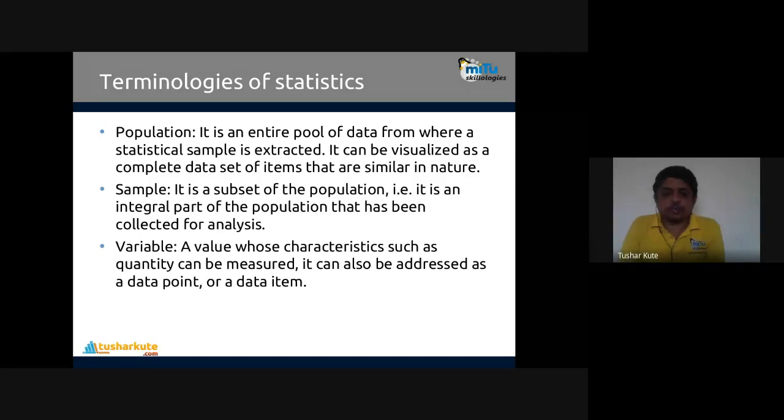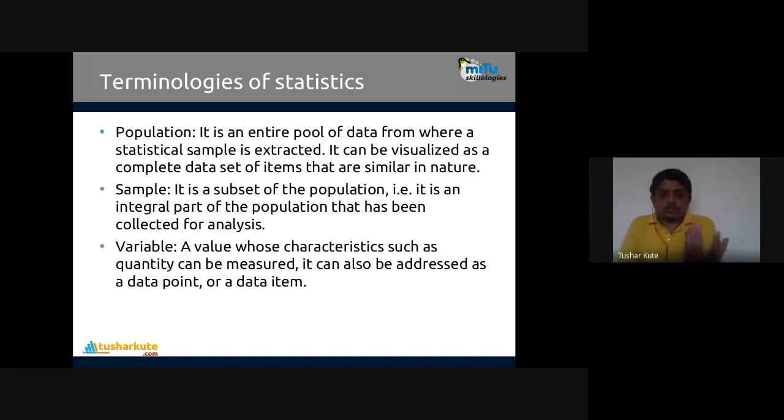The whole data set can be visualized as a complete set of items that are similar in nature. All people are the citizens of that country. All the voters are the citizens of that constituency. Similarities are present in that.